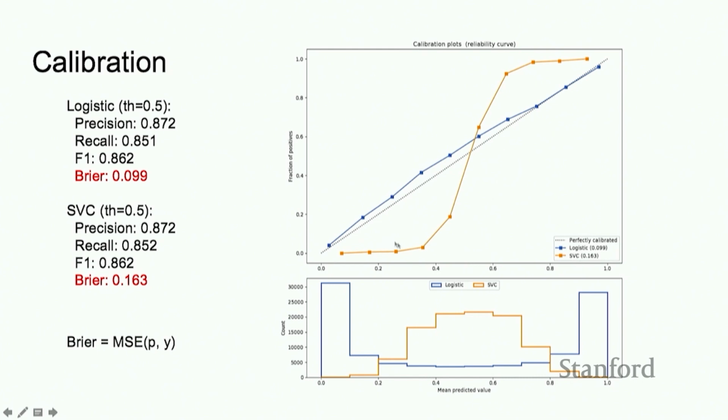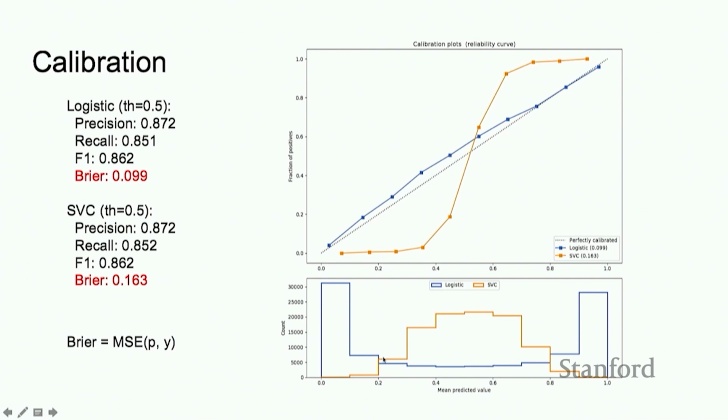The way to read this plot is: the x-axis corresponds to predicted probabilities, and the y-axis is the fraction of positives in the region around this predicted probability. And the bottom plot is just a histogram of how the different predicted probabilities were distributed. You always want to look at a calibration plot and the histogram of predicted probabilities in conjunction.